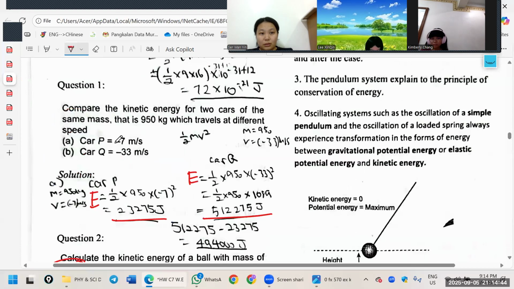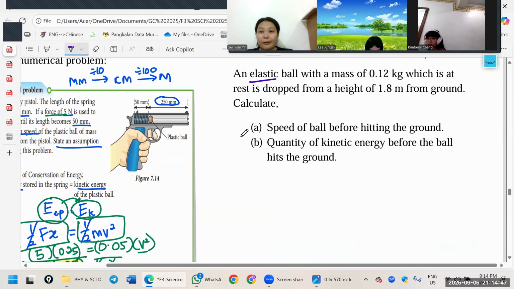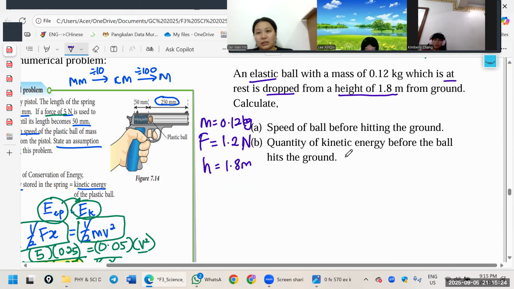F is, you have written it. Come, there is no F? S is 0.12 kg. It is M, 0.12 kg. Yeah, correct. If you want to change to F, means you change to Newton, what should you do? Times 10. Yeah, so it's 1.2, correct? Because it dropped to the ground, at rest, dropped to the ground from the height. So height is 1.8 meters.